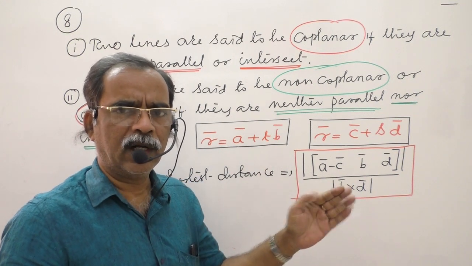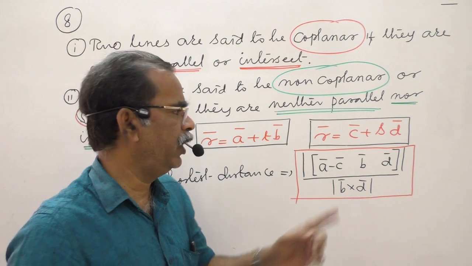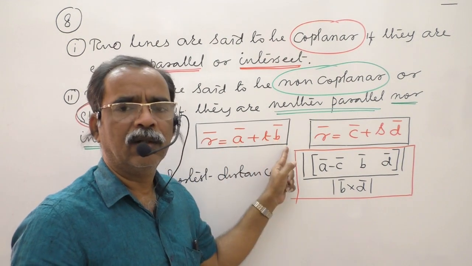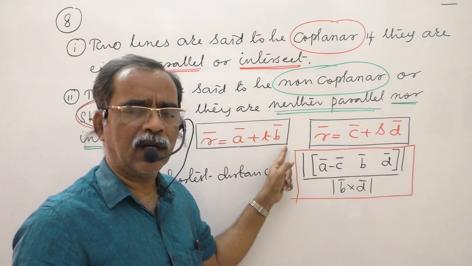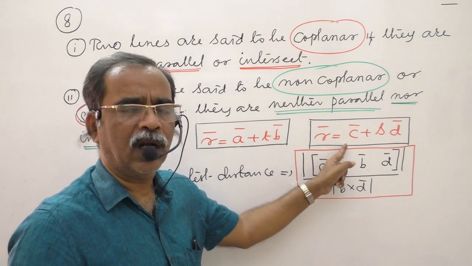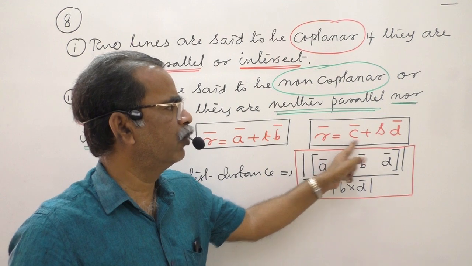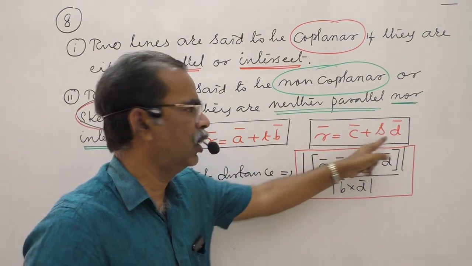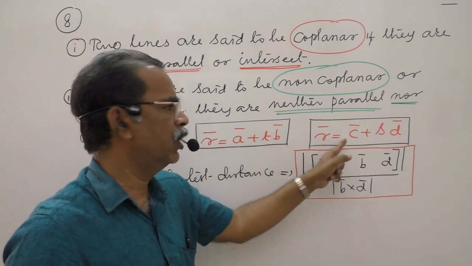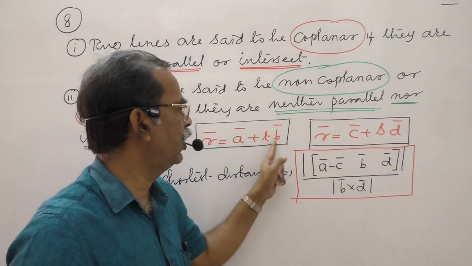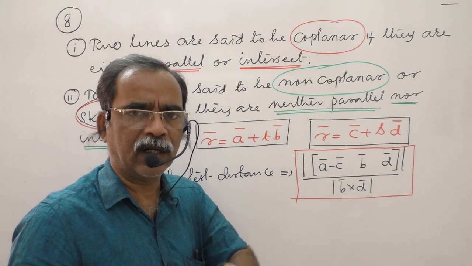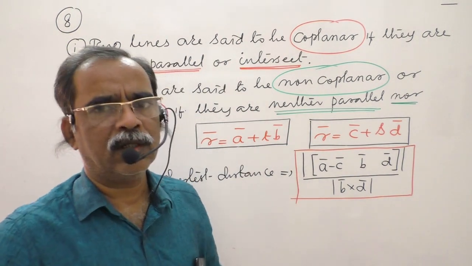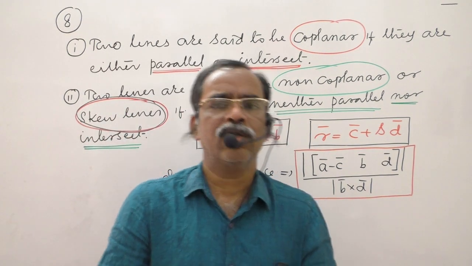In the denominator, the DRs will be there, which form a vector parallel to the first line: point on the first line, parallel vector to the first line. Similarly, from the second equation, you get the second point and second parallel vector, so you get a bar, b bar, c bar, d bar. a bar and c bar are points on the lines, b bar and d bar are parallel vectors, that is the DRs. Finding this gives the shortest distance between skew lines.